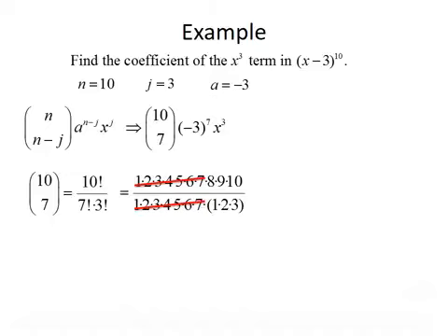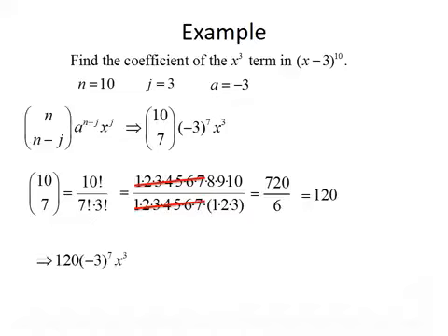The product of 1 through 7 cancel out in both the top and the bottom, leaving us with 8 times 9 times 10 over 1 times 2 times 3, which would be 720 over 6, and 720 over 6 simplifies to be 120. So we can plug that in for 10 choose 7.